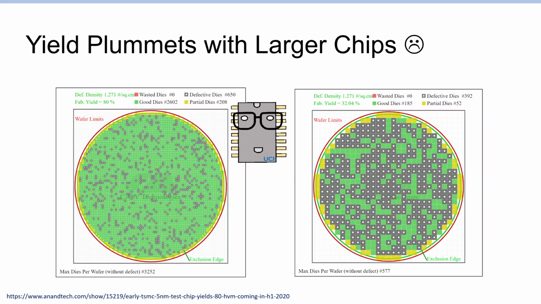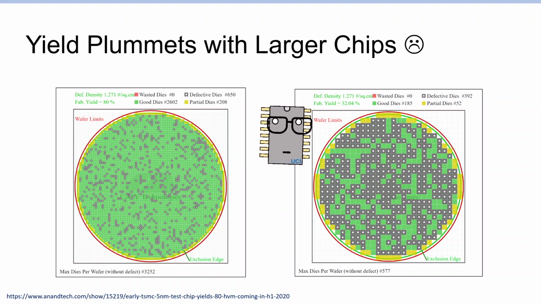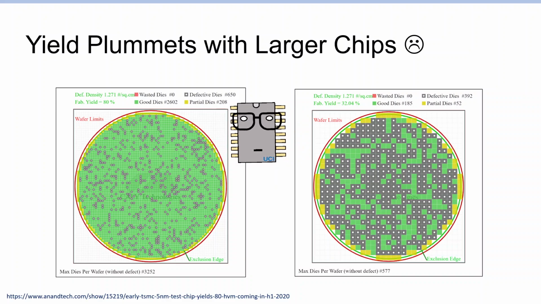And if we want to create larger chips from the die, for example, like what we see on the right as opposed to what we see on the left, the probability of each chip having a defect is going to increase.